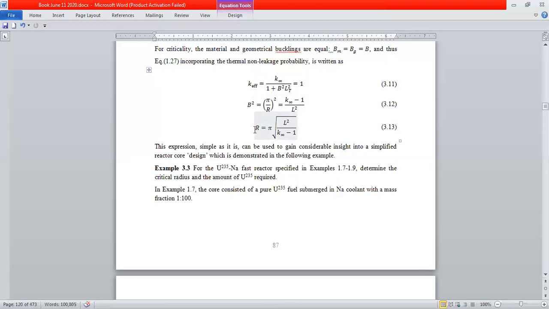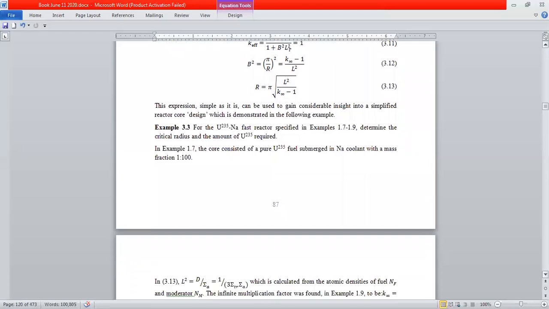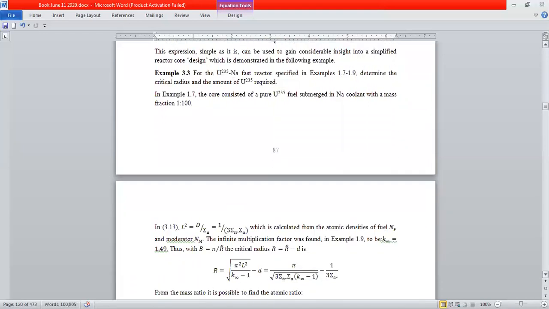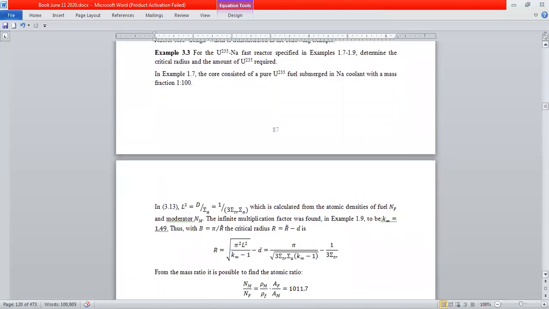Okay, and now let's apply this. Supposing you want to design a nuclear reactor. This is the first nuclear reactor you're going to design. Let's say that I have U235 and I have sodium. And I want to design a fast reactor, which means I want to produce power out of it.